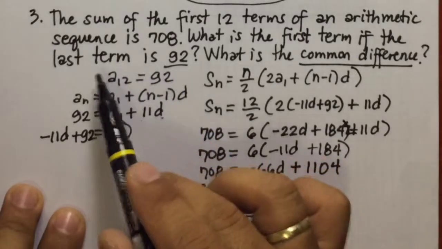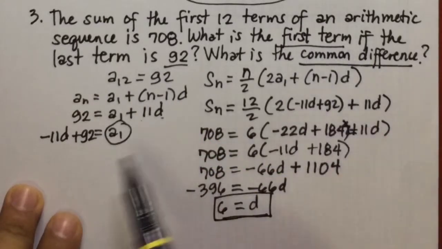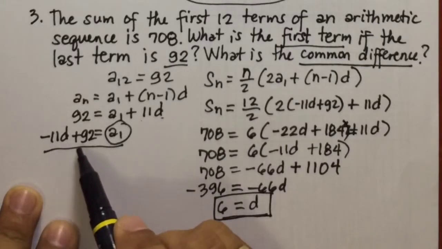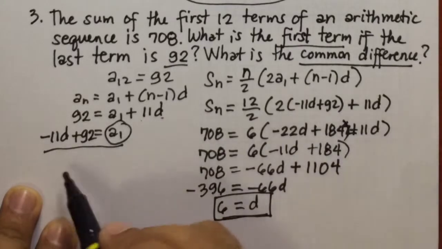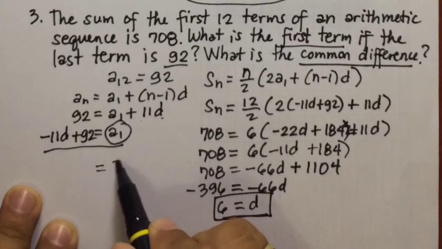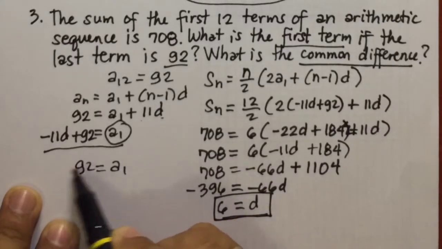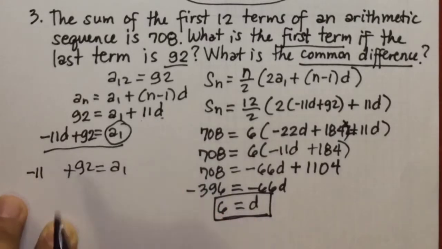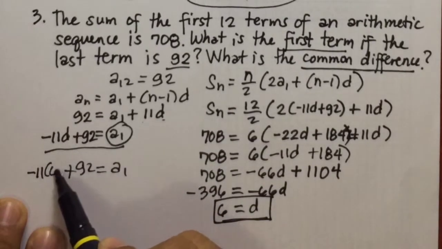Now to find the first term, we're going to use this one. a sub 1 equals negative 11d plus 92. So we're going to have a sub 1 equals 92 plus negative 11 times the value of d, which is 6.